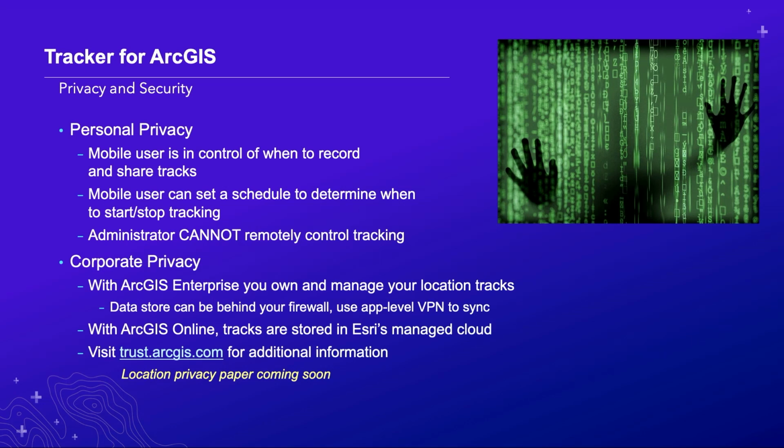We do have a location privacy paper that we've been working on, and that will be coming soon to the trust site. It'll have some information and best practices if you're deploying the tracker solution or the indoor solution, and you have concerns in your organization about privacy.